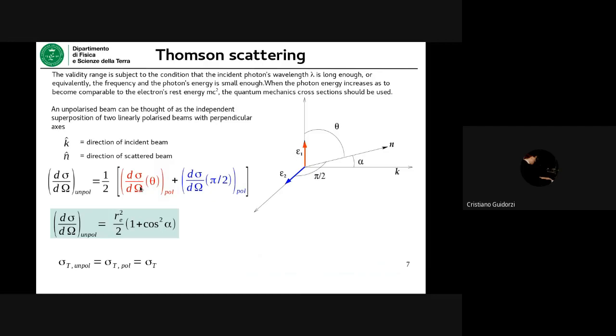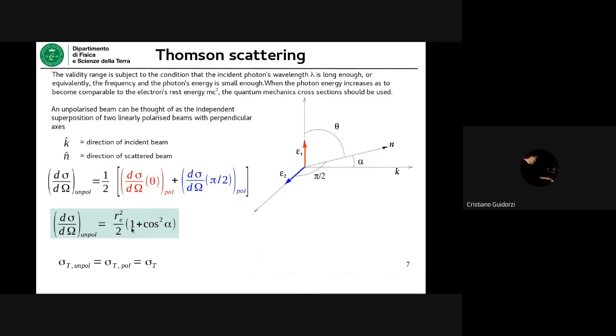Given that this scales as r squared times sine squared theta, in this case it's more convenient to express it as a function of alpha. So sine theta is cos alpha, so cos squared alpha.